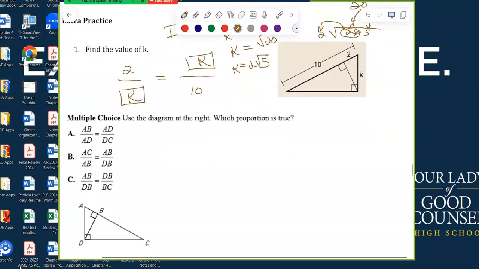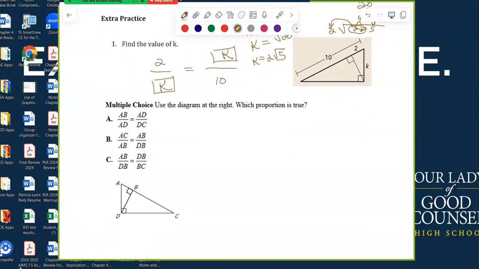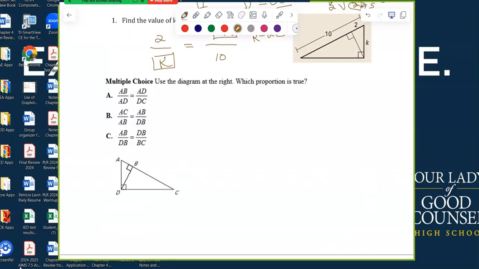Okay, so now it says use the diagram at the right, and it's actually below. Which proportion is true? So let's see. First off, I'm going to tell you that you've got 3 geometric means, here, here, and here. And when we set this up, what we always do is put the geometric means in the low-high position.